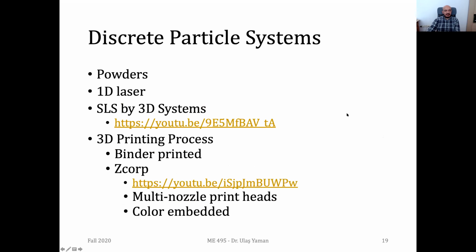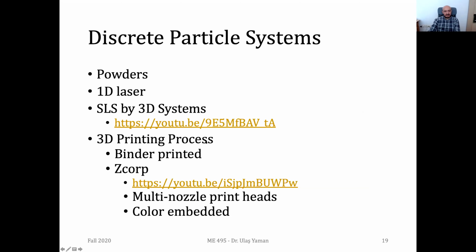And then I have shown you some discrete particle systems, some examples. They only use one channel for most of the time. If it's an SLS system, selective laser sintering system, they spread powders on the table, then with a laser, they try to sinter these powders together.